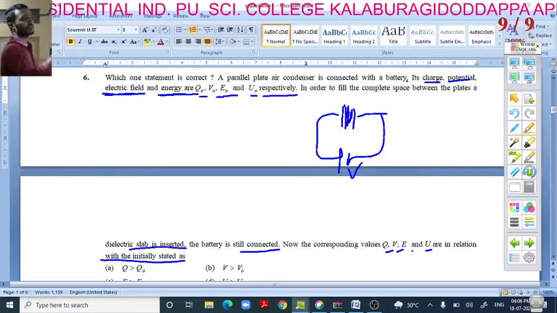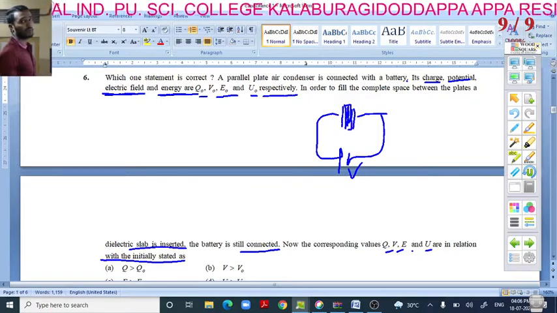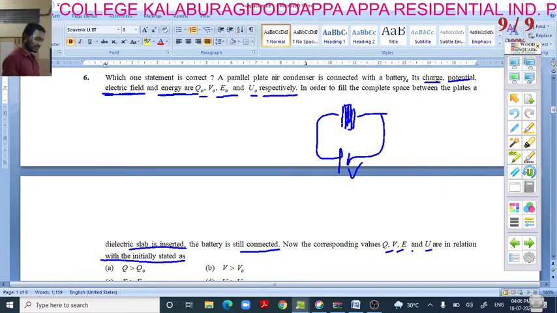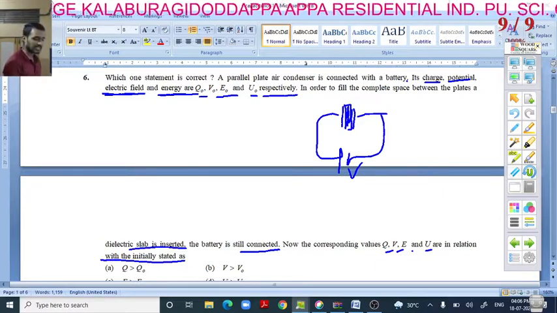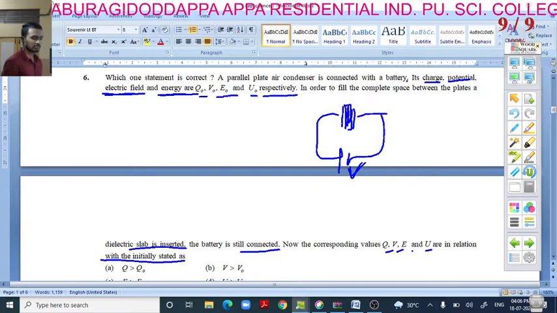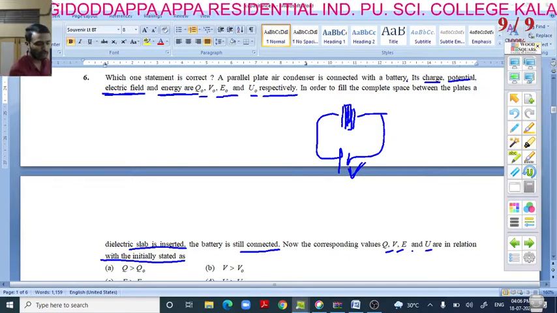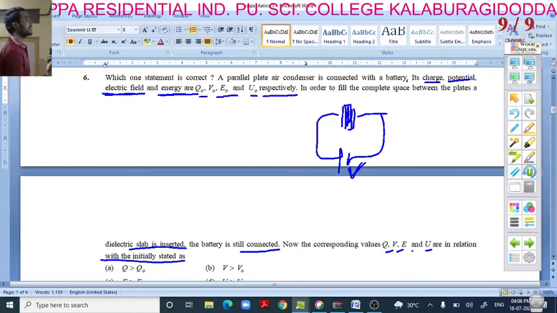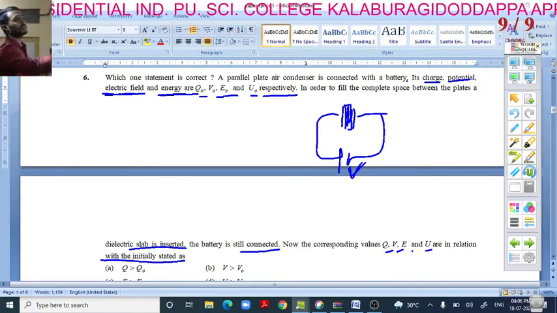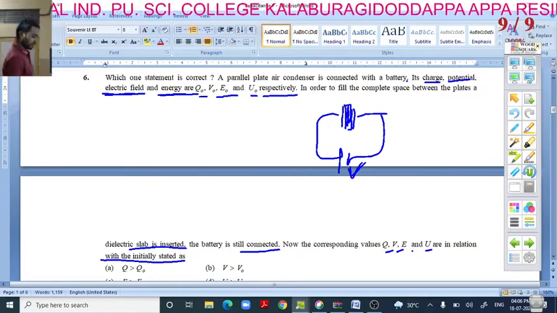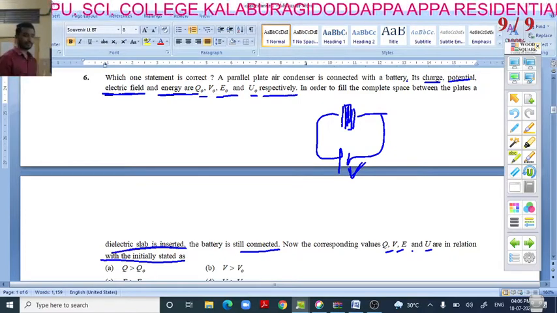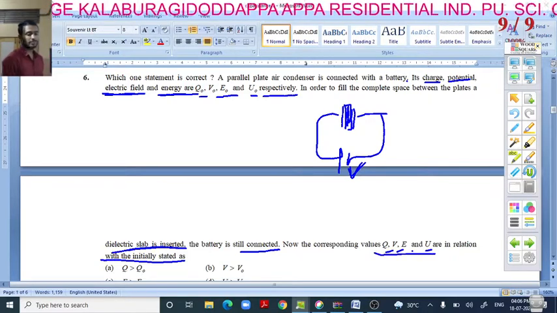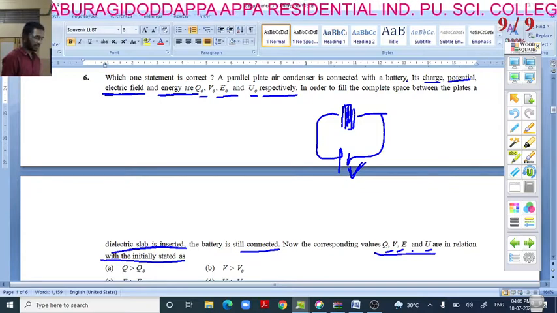So here I will use a dielectric slab to fill the space between the plates of the capacitor. Okay, the battery is still connected. Still the potential we are giving here. Now the corresponding values Q, V, E after inserting the dielectric slab to fill the plates, then what will be the values Q, V, E, U in relation.